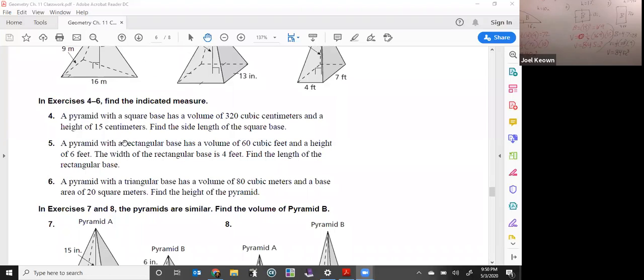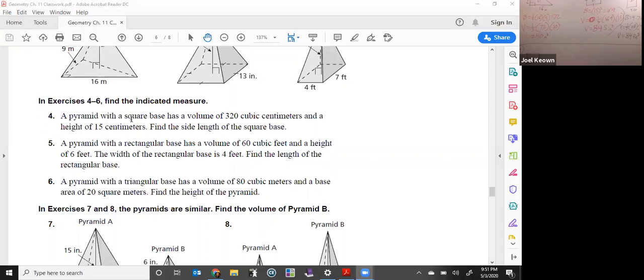Let's look at these next couple. It says a pyramid with a square base. So as I read this off, I'm going to write down and say, and I'm going to do this for each of these. Number 4, it says I have a pyramid with a square base. And it tells me the volume is 60 cubic feet.